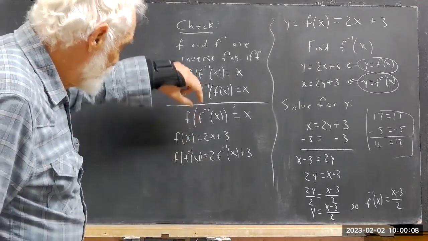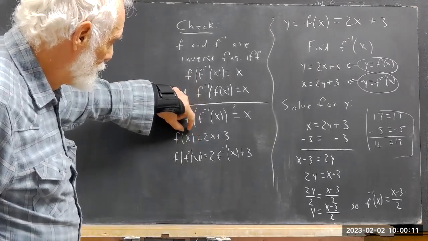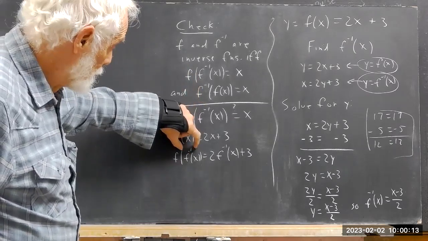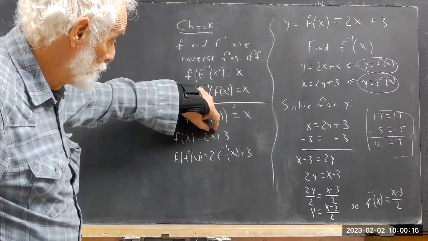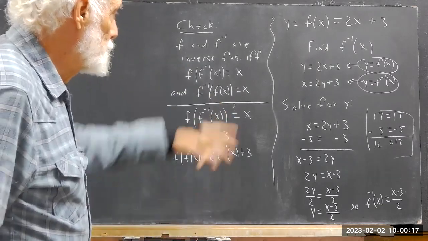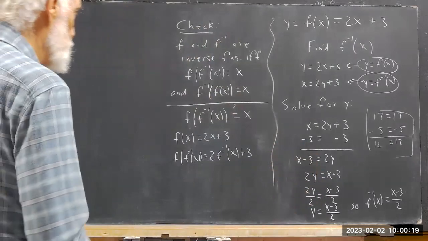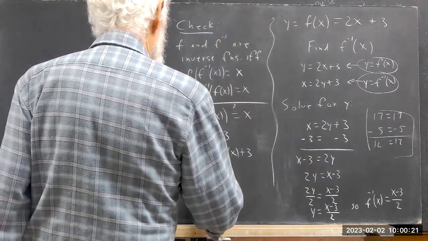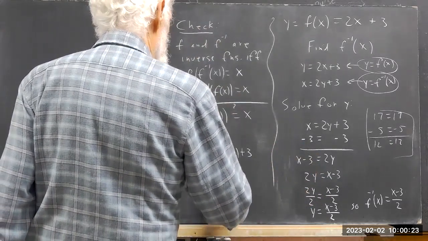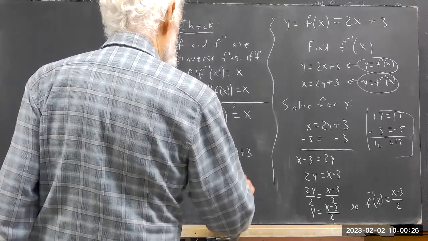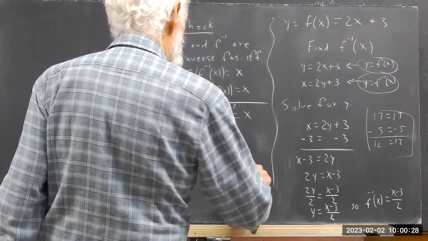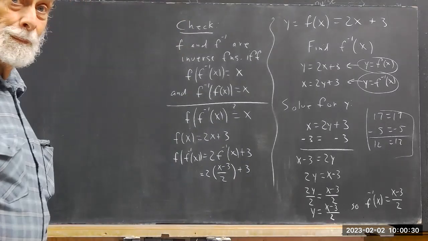What do you do with this now? We've plugged in just the expression because that's what this says to do. This says you put in f inverse of x wherever x is, and that's what we do. Well, the next thing we do is we've got an expression for f inverse of x. So that equals 2 times (x minus 3) over 2, plus 3.